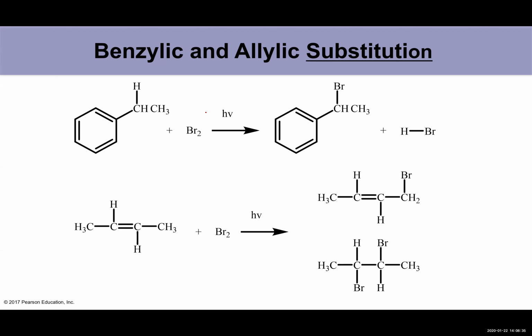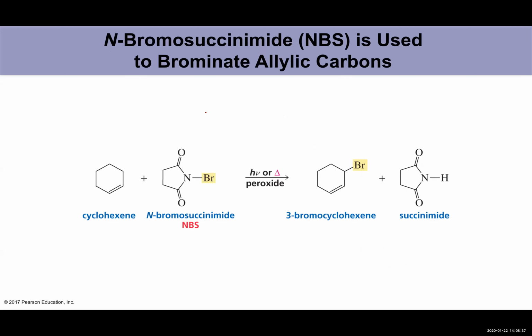So we use this compound called NBS. It looks like this. NBS allows us to control the amount of bromine in the solution. Br2 is only formed during the reaction; you don't add it. And then you end up getting bromination in the allylic position. And then you end up with succinimide. This is the product, which you can then convert back to this.